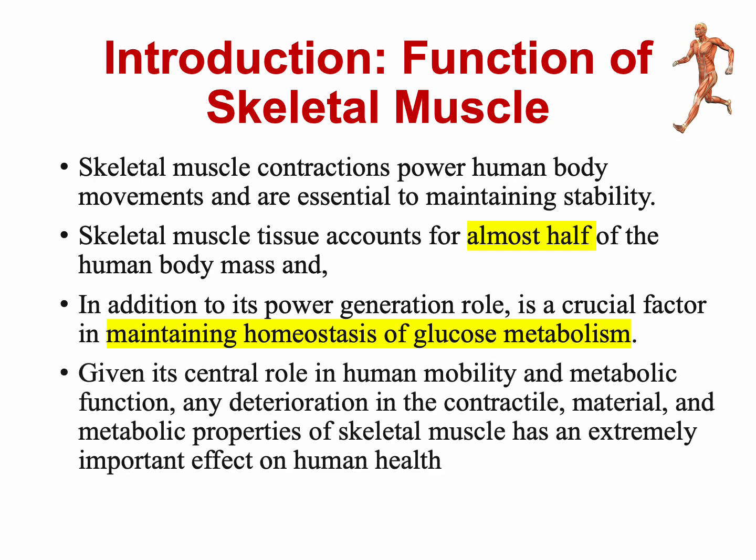So, given its central role in human mobility and metabolic function, any deterioration in the contractile, material, and metabolic properties of skeletal muscle has an extremely important effect on human health.